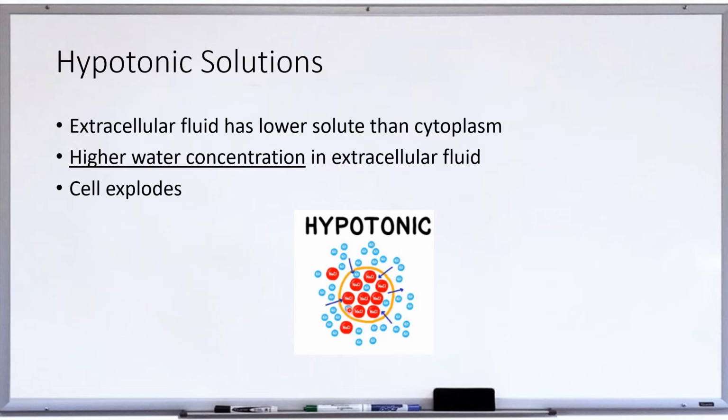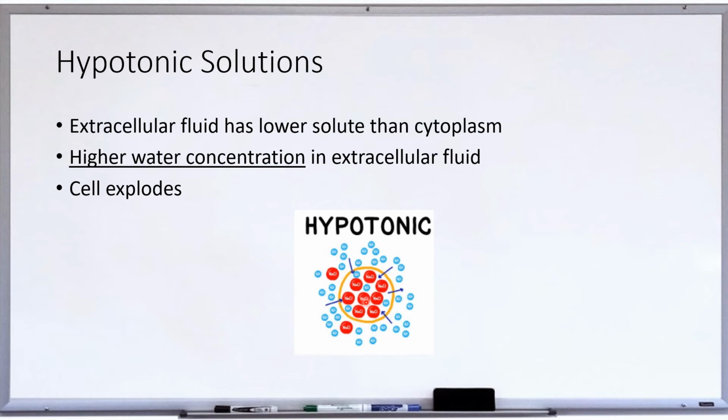So here we have our cell, which is outlined in yellow with a yellow plasma membrane. We have red solute molecules and blue water molecules. We see that there is more water outside of the cell, so in the extracellular space, than there is solute. So this means that this fluid has a lower osmolarity than inside the cell.